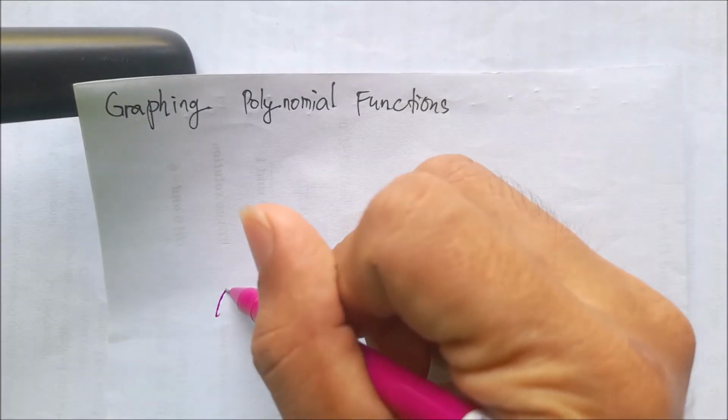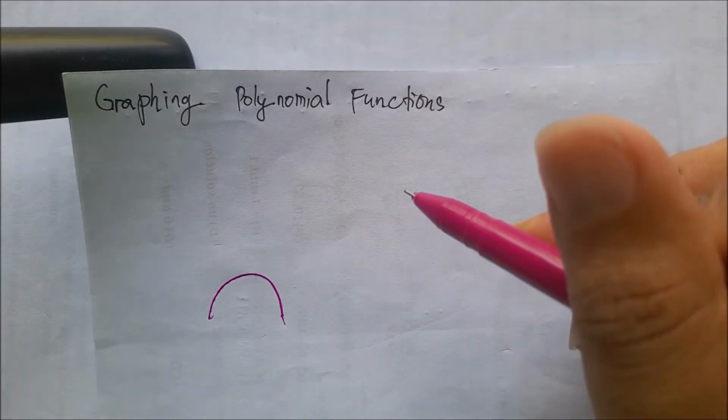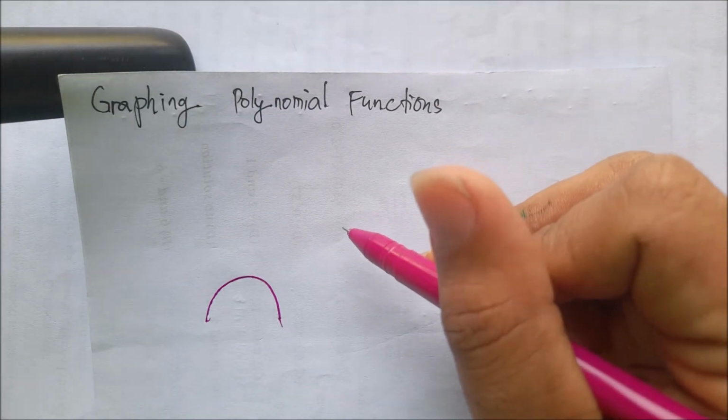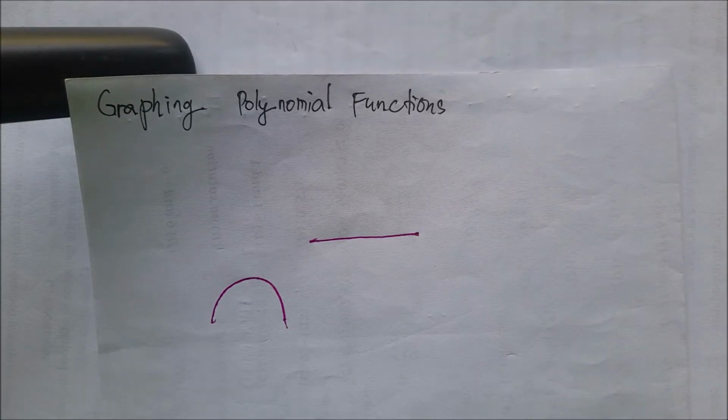This is the parabola. If the degree is 1 or 0, it is a line. The graphs do not have vertical or horizontal asymptotes. As the degree of the polynomial increases, the graph becomes more complicated.